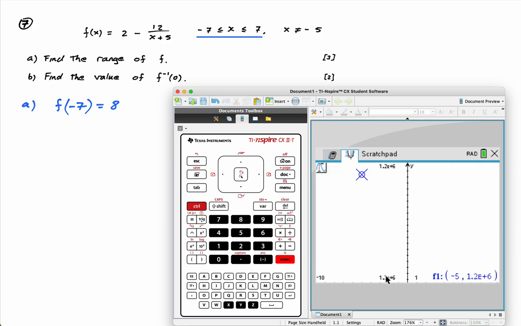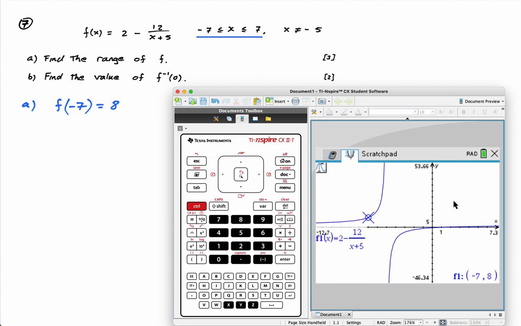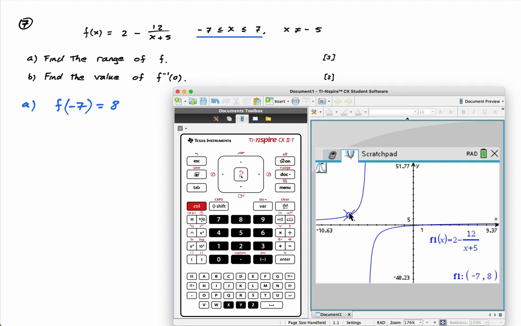Okay, let's go back to -7. So from -7, it goes from 8 to infinity. Now, similarly, just after -5, this goes to -infinity.